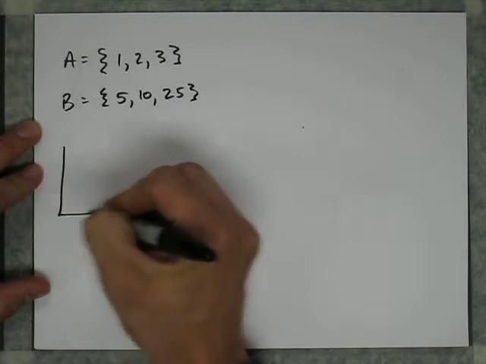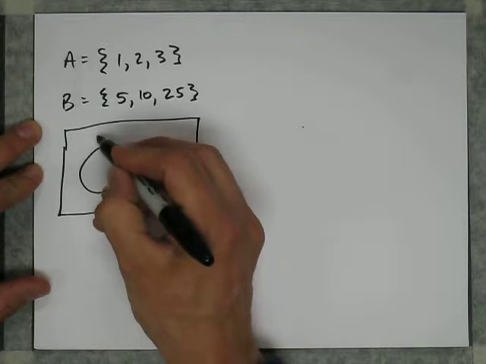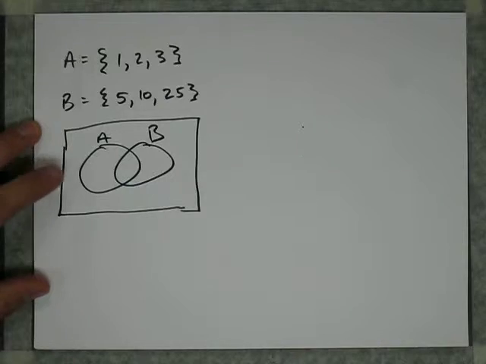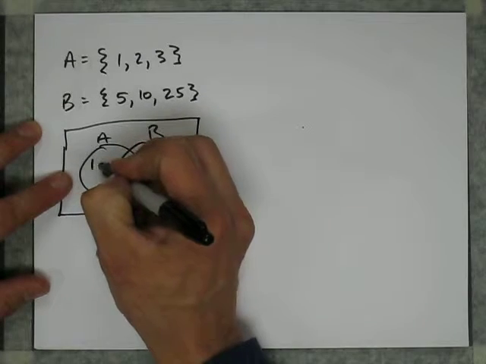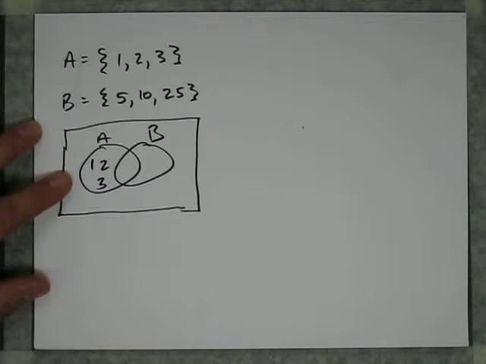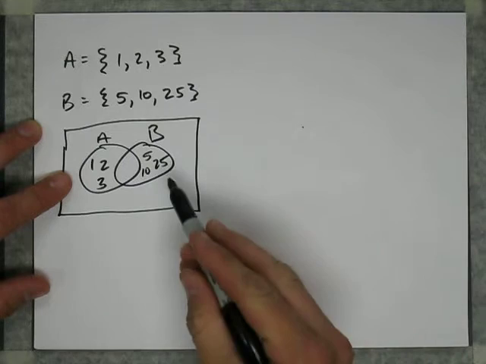If we were to draw a Venn diagram for that one, call that A, call that B. In A, you would have 1, 2, and 3, and then B would be 5, 10, and 25.